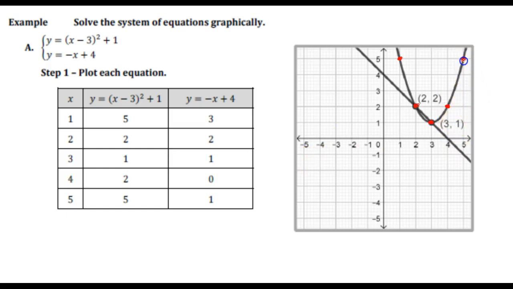I know it's already graphed, but still kind of nice to see that they still match. And then 1, 3, 2, 2. Hey, that's a solution, so they both have that.